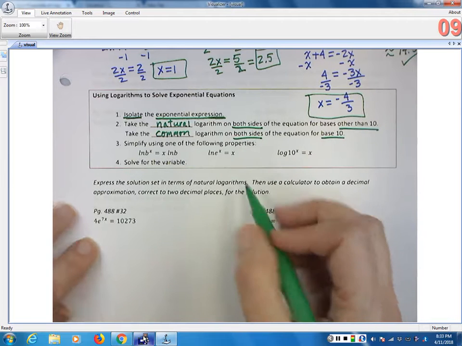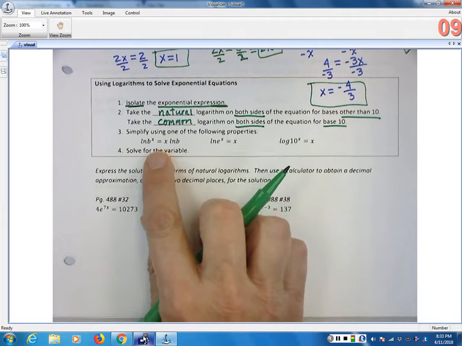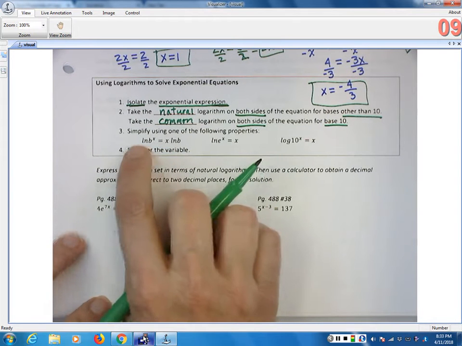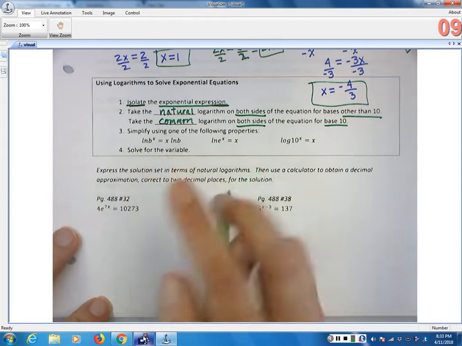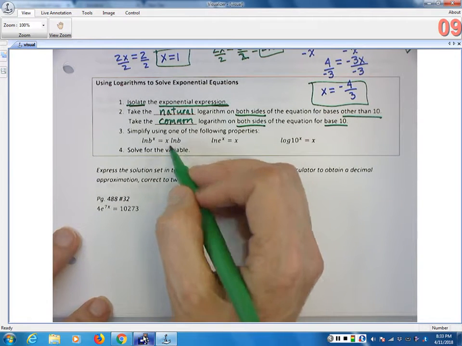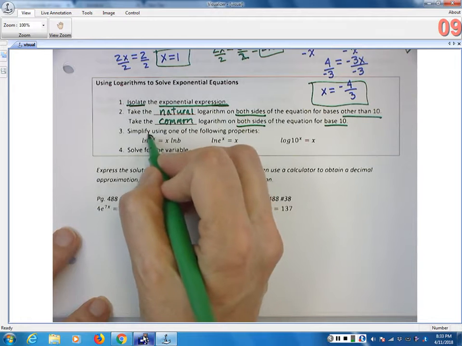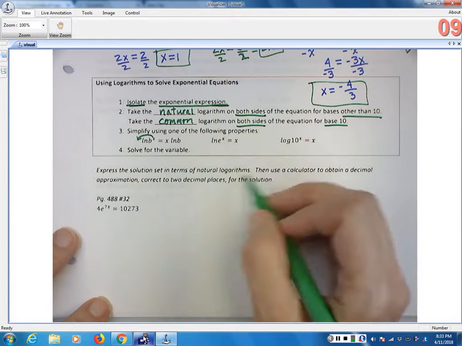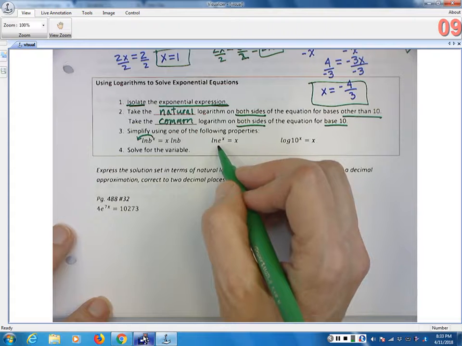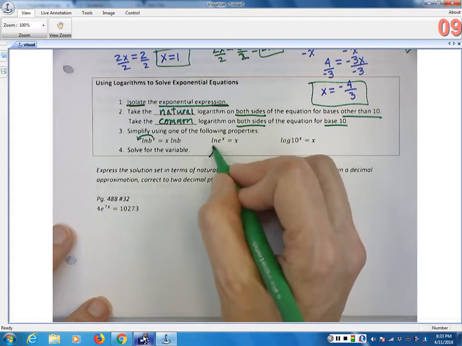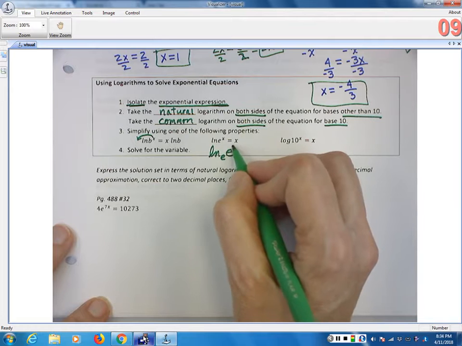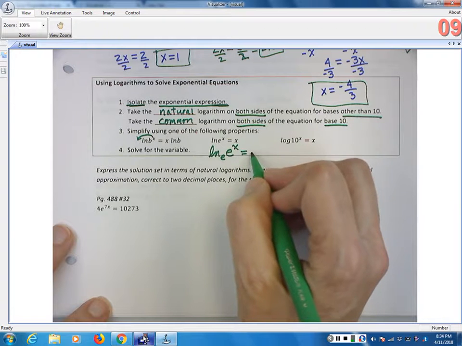And then we're going to simplify using one of these properties. The natural log of b to the x will be x times natural log of b. x is over the whole inside of the log, we can bring it out front. Natural log of base e of e to the x will just be x.